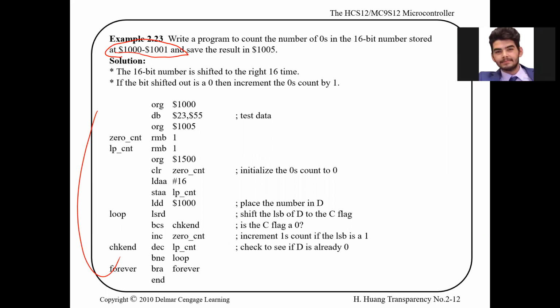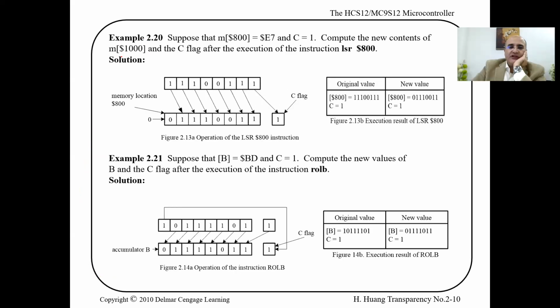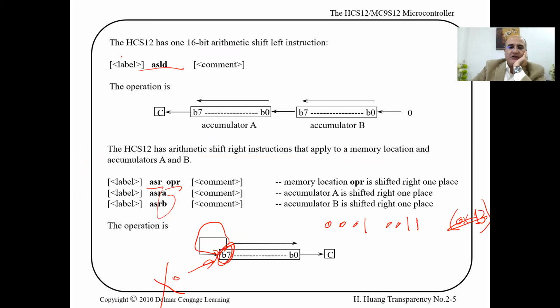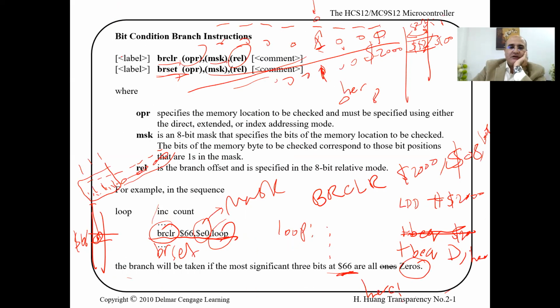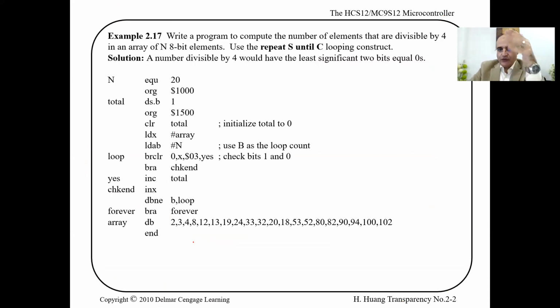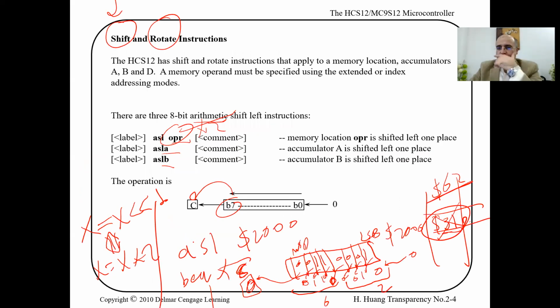Do you mean the mask instructions we just saw here, this instruction, the branch if clear, and you use a mask, or you want to AND or mask bits in a loop?